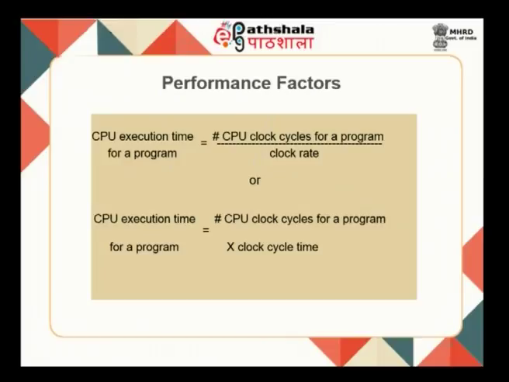If you know the total number of clock cycles for a program, and the clock cycle time for each of these clock cycles, then the CPU execution time can simply be calculated as the product of the total number of CPU clock cycles for a program and the clock cycle time. Because clock cycle time and clock rate are inversely related, this can also be written as CPU clock cycles for a program divided by the clock rate.